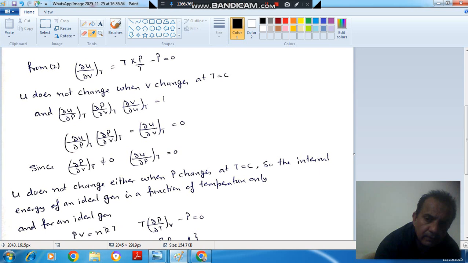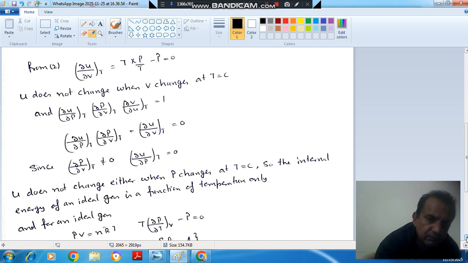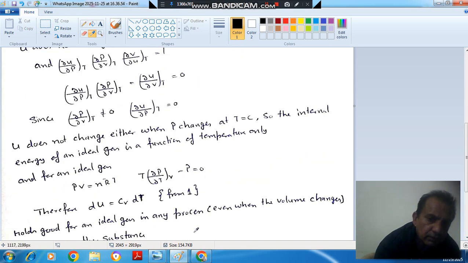So if we put this quantity as 0, then dU will be equal to Cv dT. This is the expression for internal energy for an ideal gas.